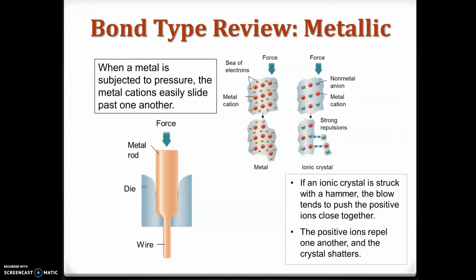And what happens is any movement is going to line up those electrons and those positively charged nuclei that are locked into their spot. Any movement is going to line up two negatives and two positives together, which causes immediate repulsion. And that's what you see when something shatters. It's a movement that aligns two same charged particles and causes immediate repulsion.